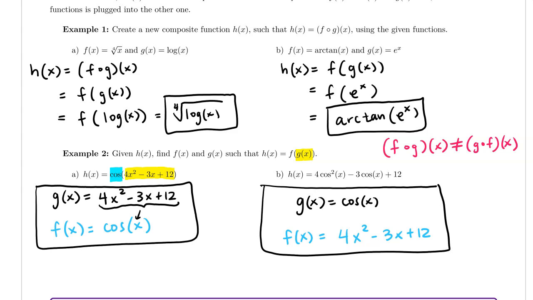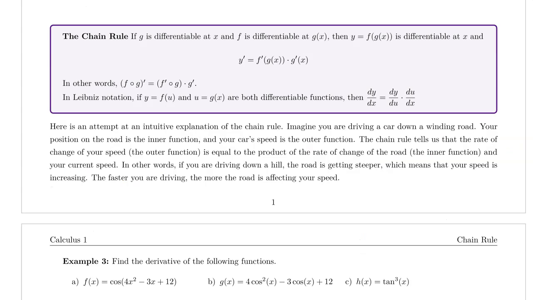Now, how does this relate to what we're doing in calculus? Well, we want to take the derivatives of these composite functions. Let's see how that works. The chain rule says if g is differentiable at x and f is differentiable at g of x, then y equals f of g of x is differentiable at x, and y prime is equal to f prime of g of x times g prime of x.